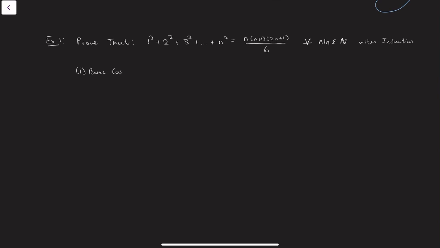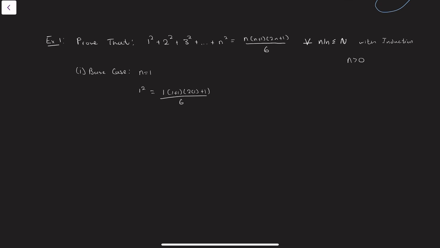Base case. Well, the base case is just n is equal to 1, because we're looking at the natural numbers, and natural numbers are n greater than 0. Well, if n is equal to 1, then we have 1 squared is equal to 1 plus 1, 2 times 1 plus 1, all over 6.